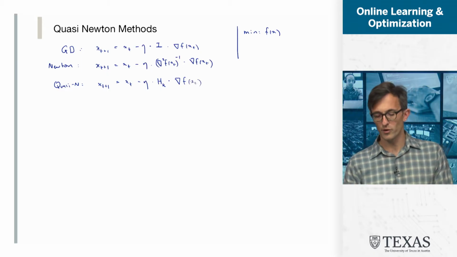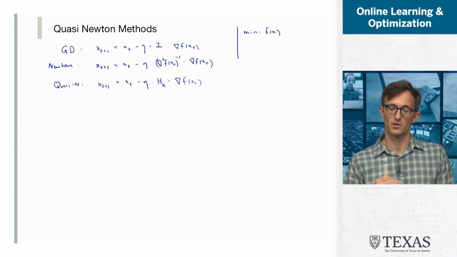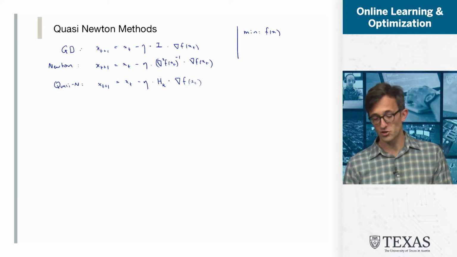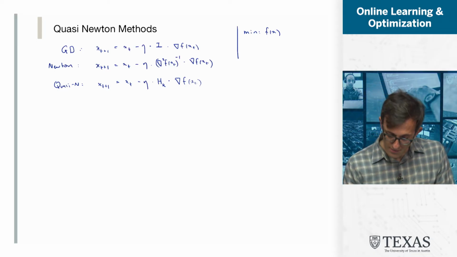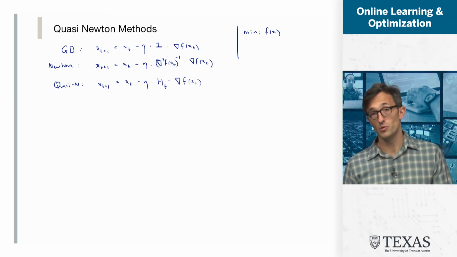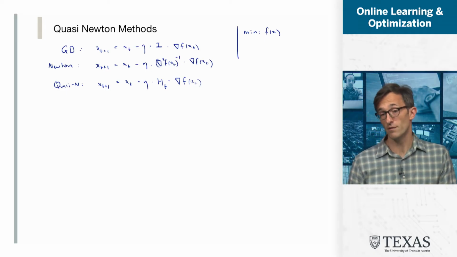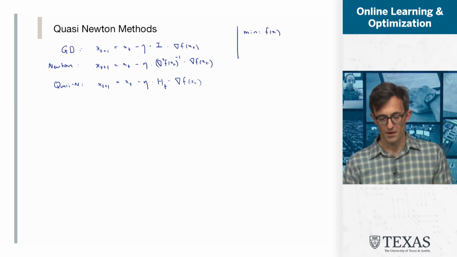So if I were to let H_t equal the identity for every t, then this quasi-Newton method would be identical to gradient descent. If H_t is equal to the inverse Hessian of f evaluated at x_t, then I exactly recover Newton's method.